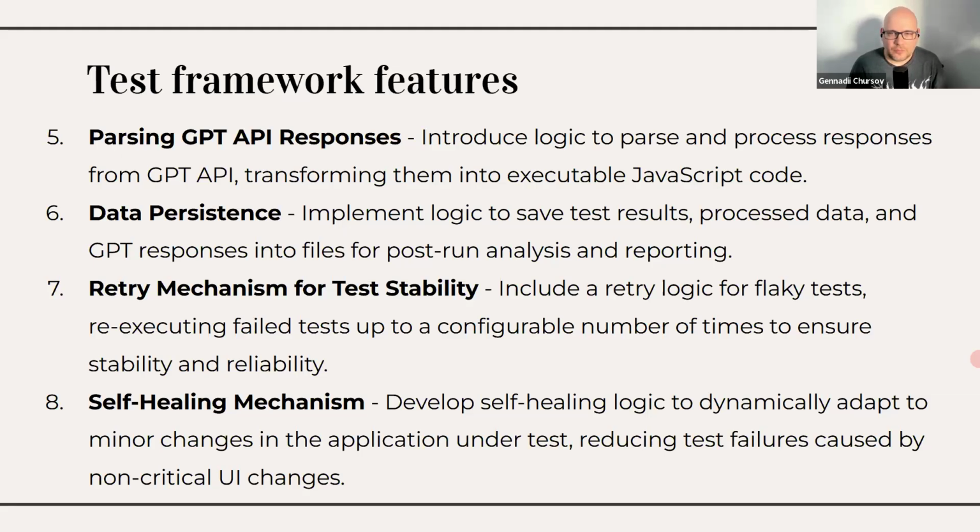That's all. And also I need to introduce a lot of other things, because not only code, we need to save test results, process data, the whole history of responses from ChatGPT, because sometimes you need to analyze it.